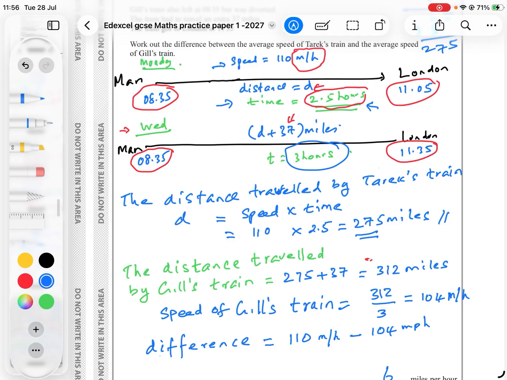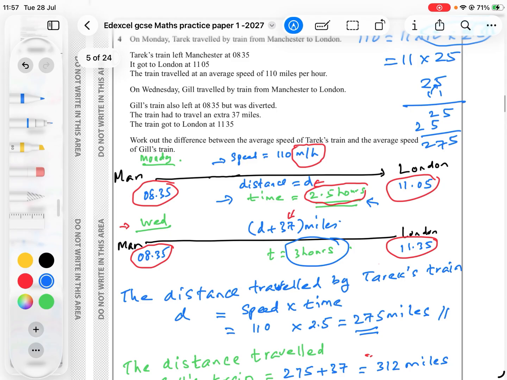Next, second, work out the distance travelled by Gill's train. So the distance is 275 and the extra 37 miles.